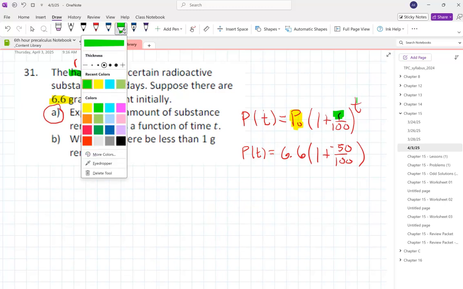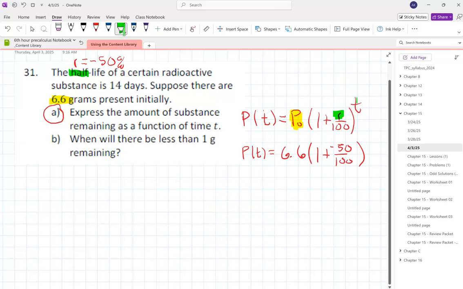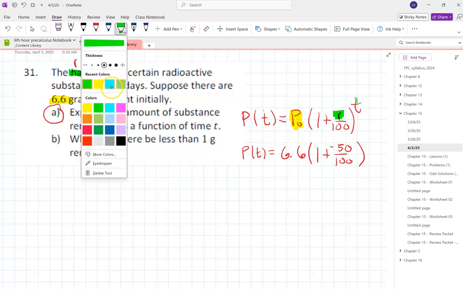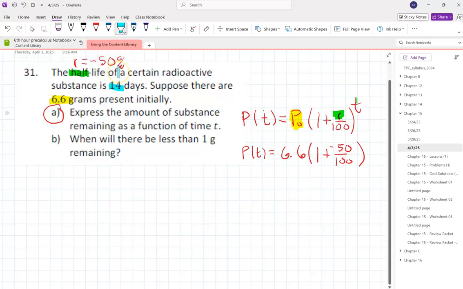And then I need to pick a unit for T, right? In the problem, it tells me that this decay is happening every 14 days. So I'm going to say that T is going to equal 1 day increments.